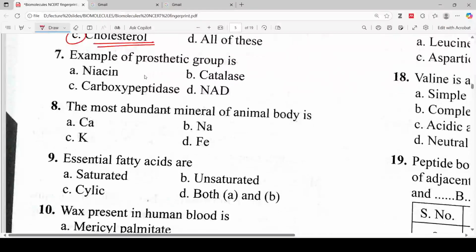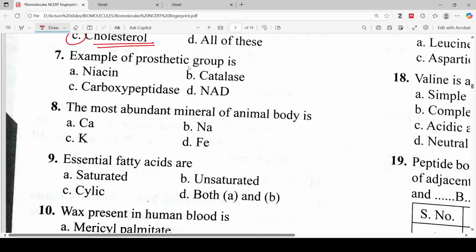Next question, examples of prosthetic group is niacin, carboxypeptidase, NAD and catalase. So the correct answer will be option B. Next question, the most abundant mineral of animal body is calcium.